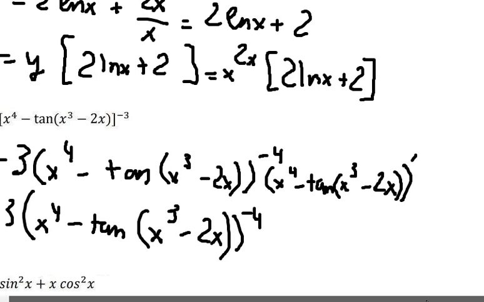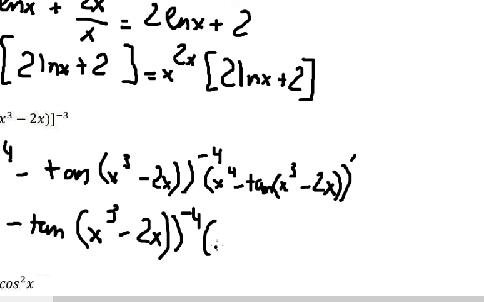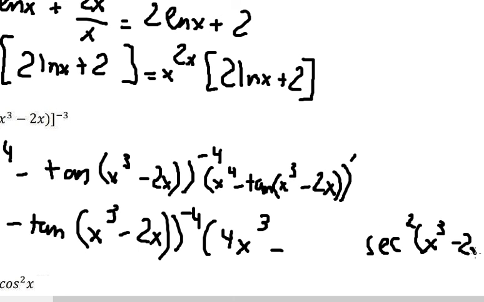So the first derivative of s to the power of 4, we have 4s to the power of 3. The first derivative of tan, we have secant, we have secant of s to the power of 3 minus 2s.